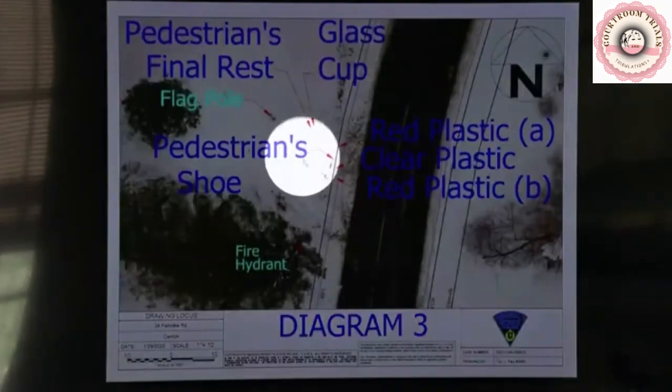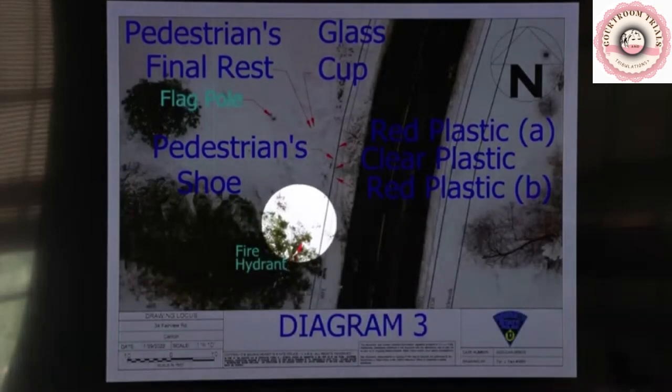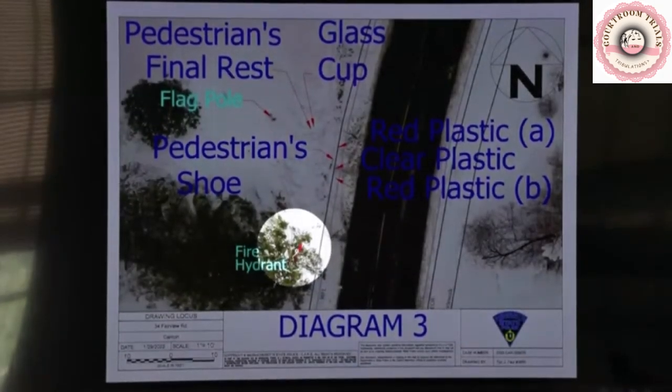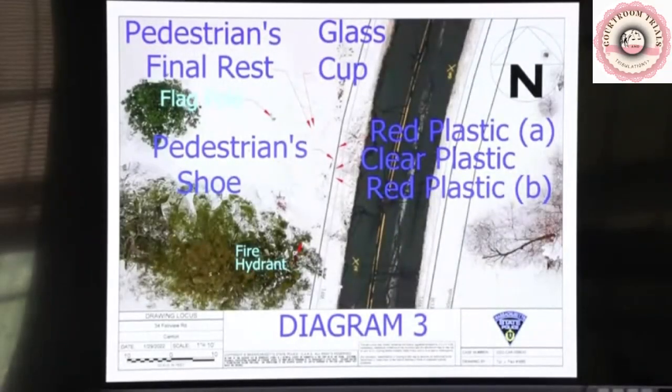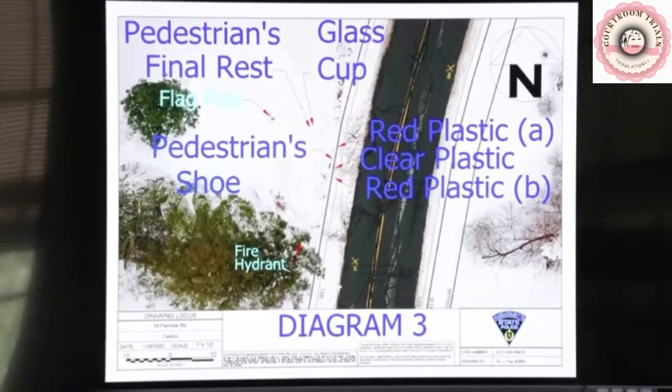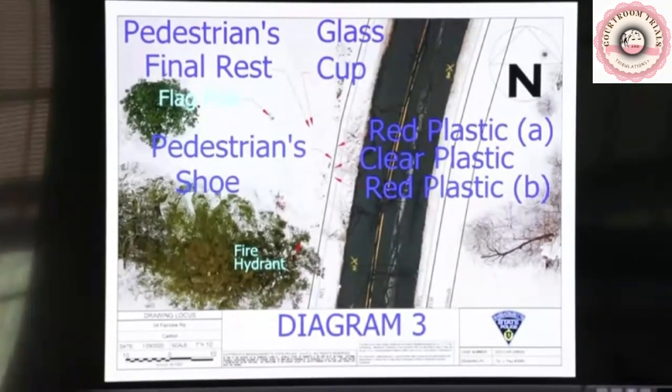Seeing what you've just now seen in terms of that piece of plastic that appears to be from the taillight, does that appear to be under the fire hydrant, which is highlighted? Same piece. Yes. Based on that, does that change your opinion? Is the fire hydrant now the point of impact? No. Where's the point of impact now? It's along the roadway. I don't know the exact point of impact. So you don't know the area of impact? I said the area of impact is along the roadway after the debris. Okay.